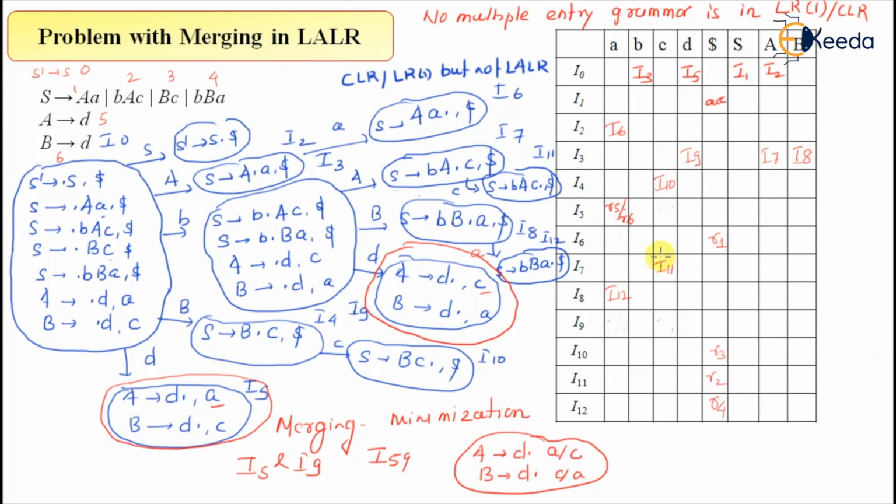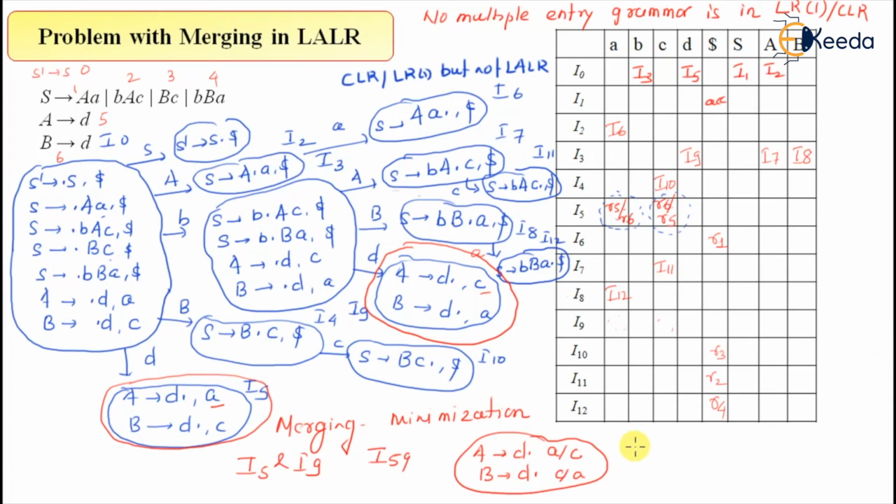Space is an issue here. And here it was R6 on the C column. There was R6, and after merging here also we will have R5. So this state will have a problem. Two entries are there. And what type of entries are there? That is a reduce entry.